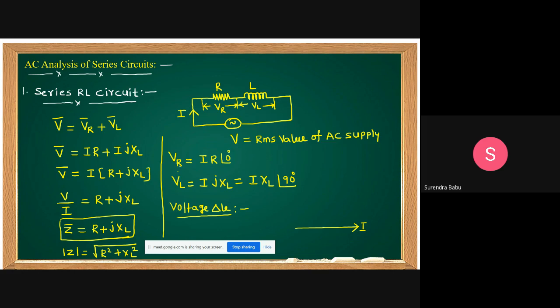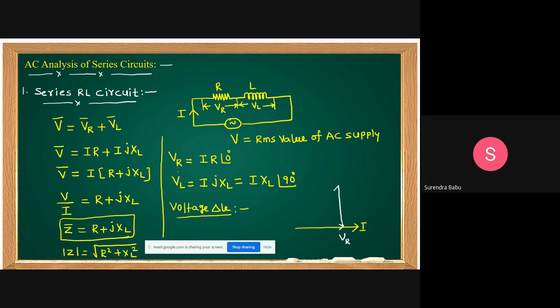That is, the voltage across the resistor is in phase with the current. Next, VL equal to I into XL at an angle of 90 degrees. The angle between current and voltage across the inductor is 90 degrees. That is, VL leads I, or I lags V.